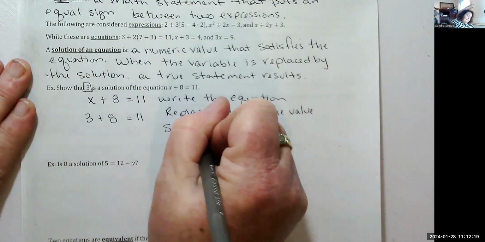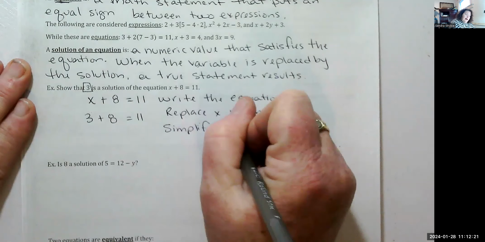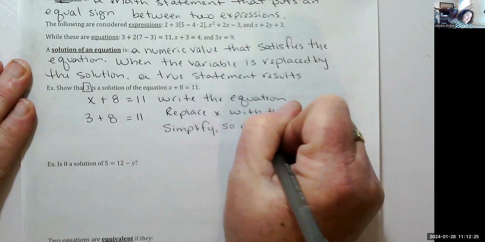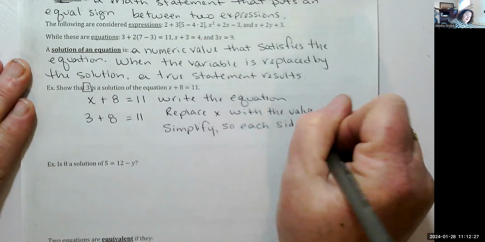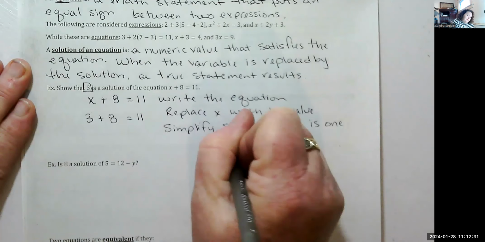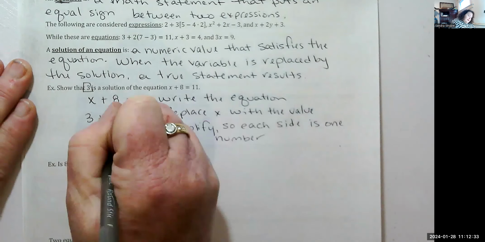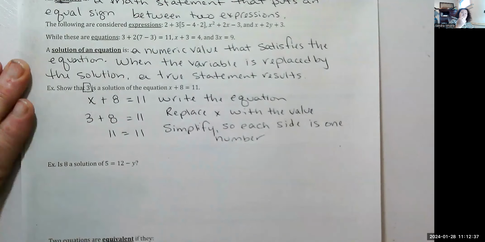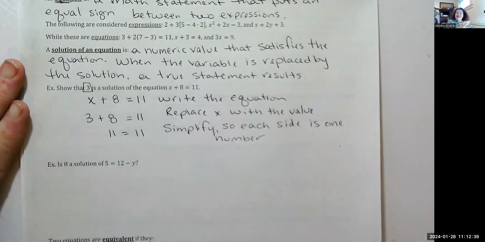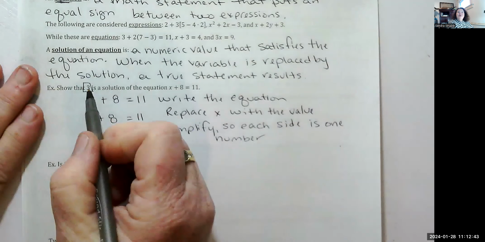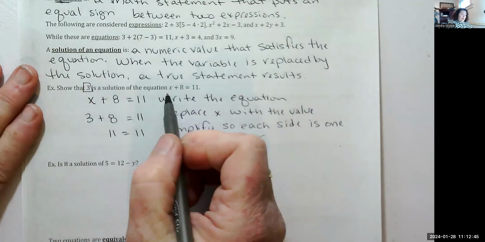Simplify so each side is one number. That's 11 equals 11. Okay, did that. And then if the 11 equals an 11, that says that yes, 3 is a solution of this equation.